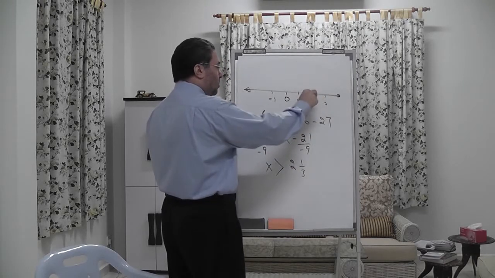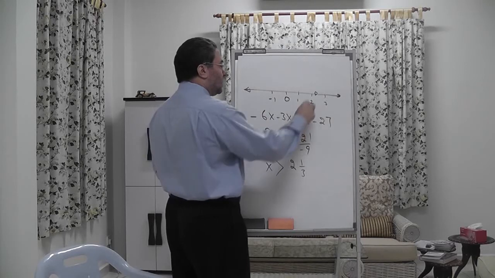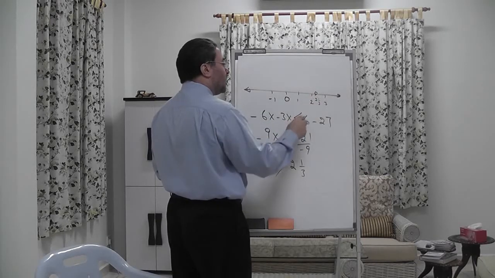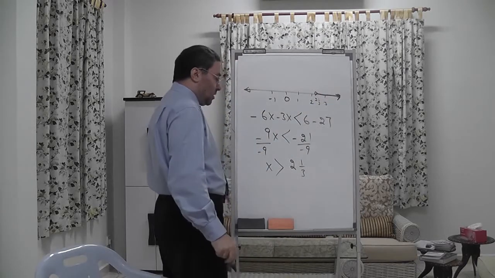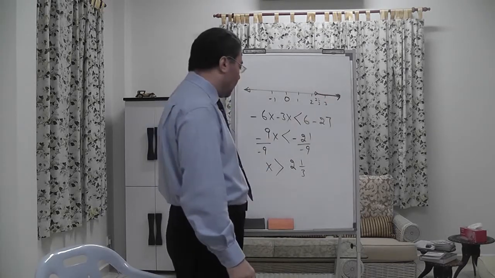More than 2 and 1/3 is around here, 2 and 1/3. We label that point, and we go all the way to the end, to the positive end.